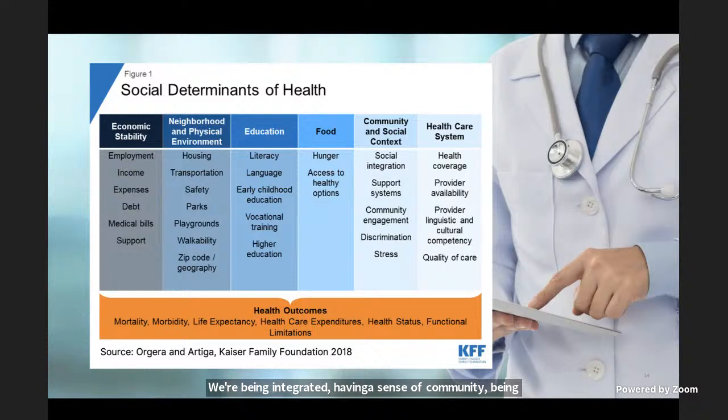Think about those circumstances where a family is facing stress and how that can have an impact on their financial, economic, and health well-being. These are community and social context factors that we all have a role to play in identifying and helping families navigate and address.